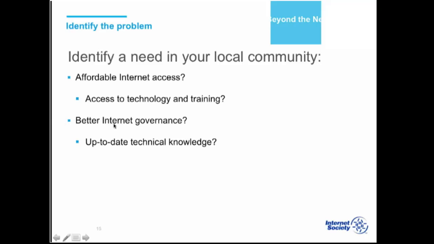Better internet governance. Let's get more people involved in the internet governance. Let's get people to know how important the internet is, and how it can help change lives. And then up-to-date technical knowledge. It is also key. What are the standards? How are we using them, and how can we improve it?